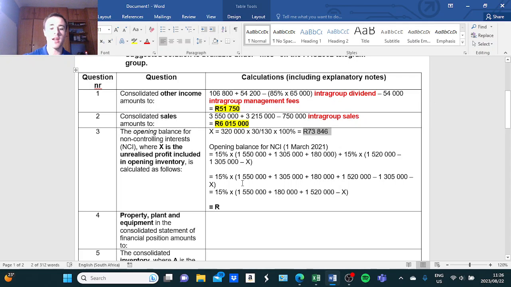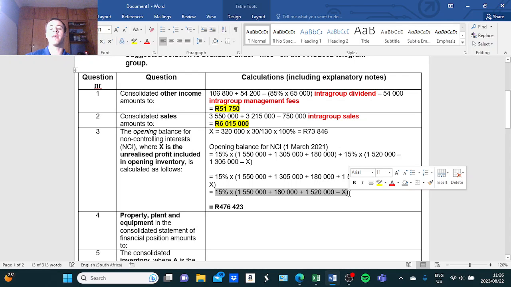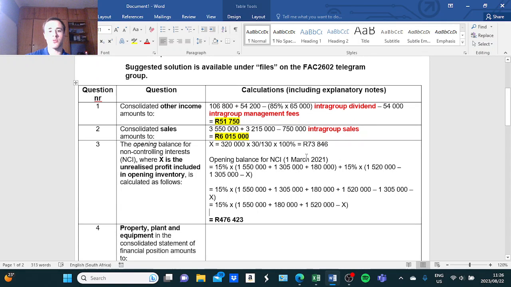So your NCI balance at the beginning of the year should be 476,423 if you use this formula right here. And this will be one of the options given for question 3 that you need to choose as part of answering the question.